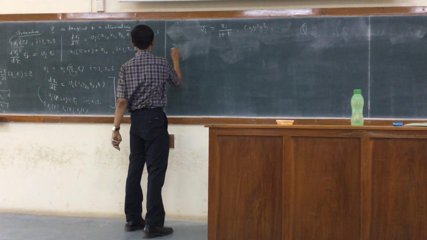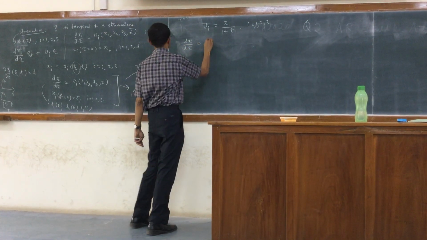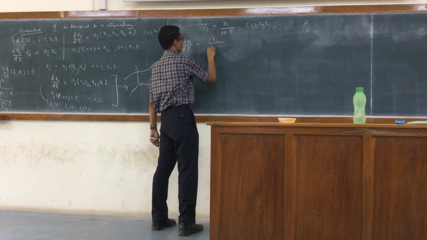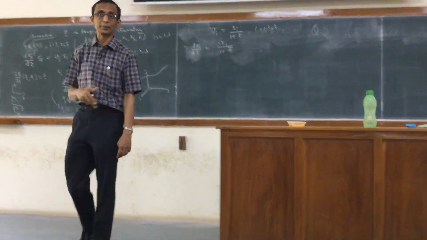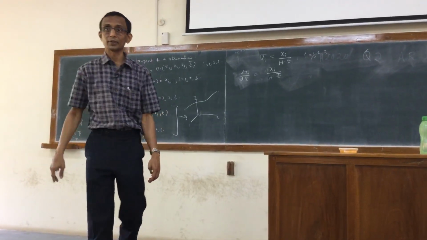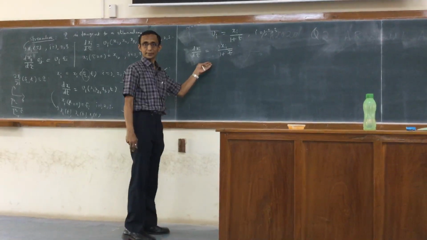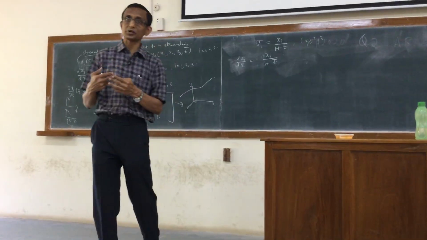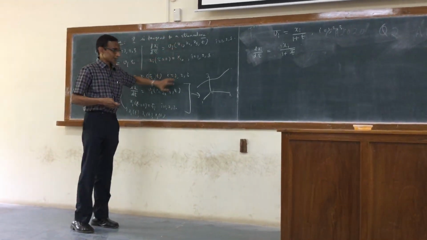Now you will see how they differ in the calculation first of all. To get the streamline, the equations are dxi by d tau equal to vi, that is xi by 1 plus t. I want to fix the time. That's very important, otherwise you end up integrating with respect to time and you end up getting the particle path. So it's important to fix that. It's very easy to integrate this. And the important thing is the nature of the differential equations for unsteady flows is different here as compared to here.